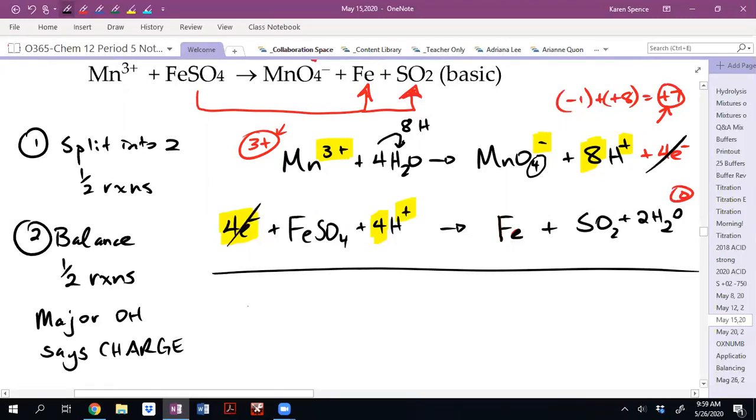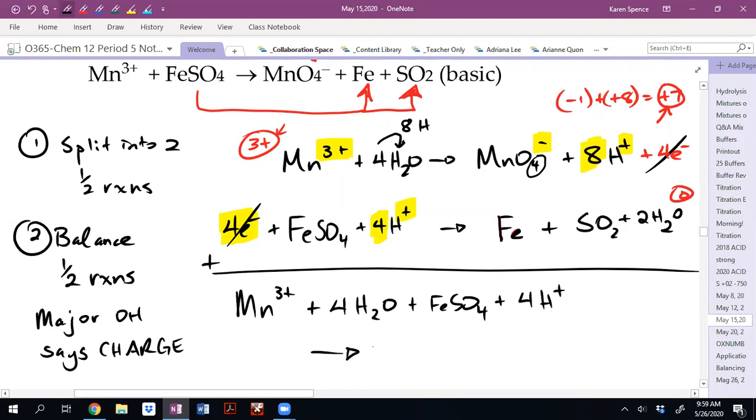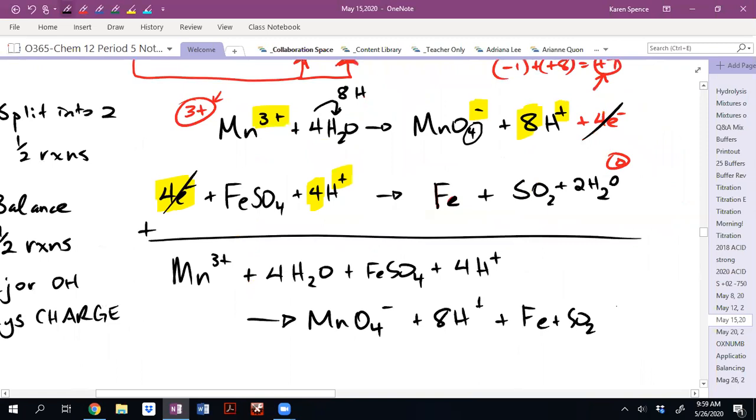Those will cancel out, and then we have Mn. We'll just add them back up. Mn3+ plus 4 H2O plus FeSO4 plus 4H+ goes to MnO4- plus 8H+ plus Fe plus SO2 plus 2H2O.